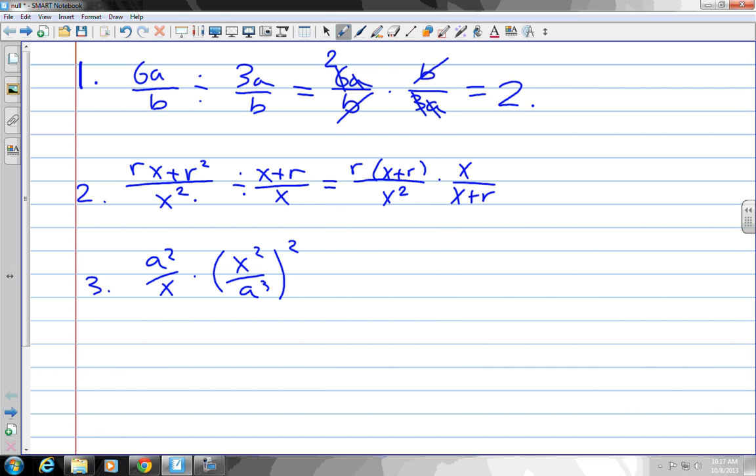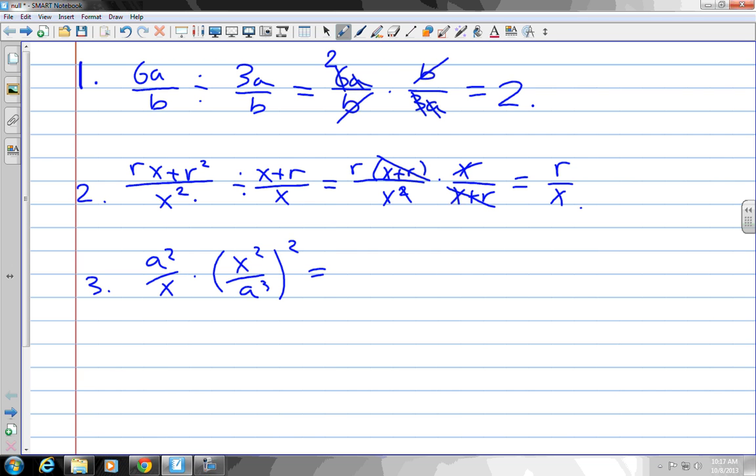So what can I cross out? x plus r and one of the x's leaves us with r over x. Is that okay? Yeah? No? Why not? Yeah, factor, reduce, factor, reduce, factor, reduce.